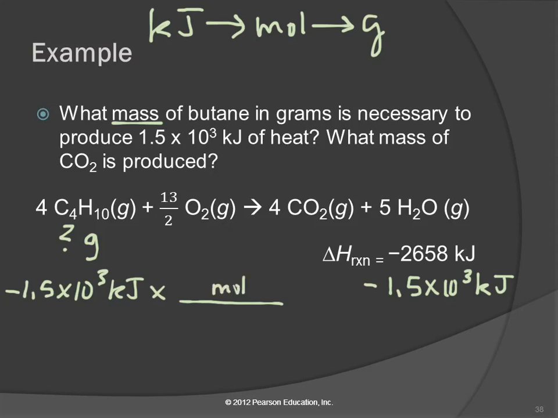We could convert it to moles of anything in that equation. It doesn't have to be the first reactant. It's just a coincidence that they keep asking us about the first reactant. And so kilojoules will go on the bottom.